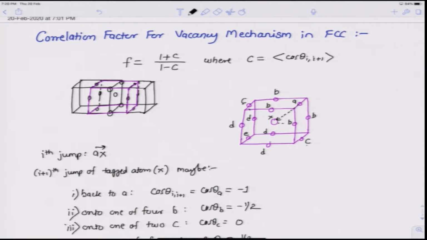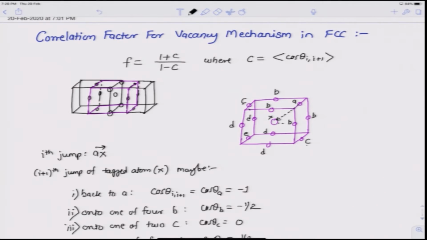Right? When we are considering random walk, the summation of cos theta was 0. So, the only contribution to the summation of cos theta is from the correlated jumps. So, we are considering only correlated jumps. That means, we are considering the exchanges of atom X with the same vacancy.